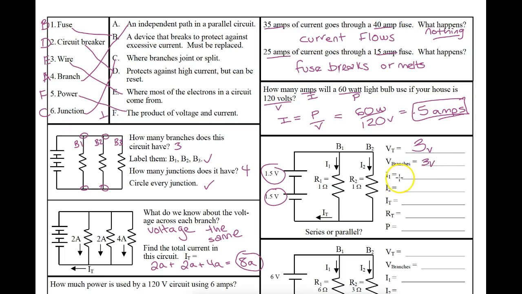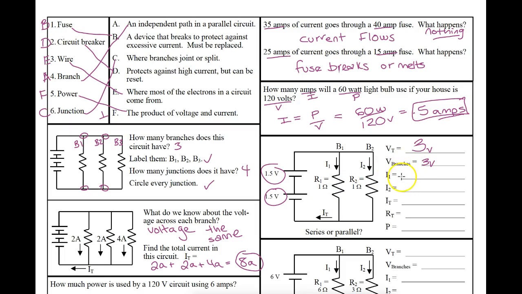And then we're looking for the current that runs through branch 1. So current is basically voltage divided by your resistance. So in this case, it's 3 divided by 1, which is 3.